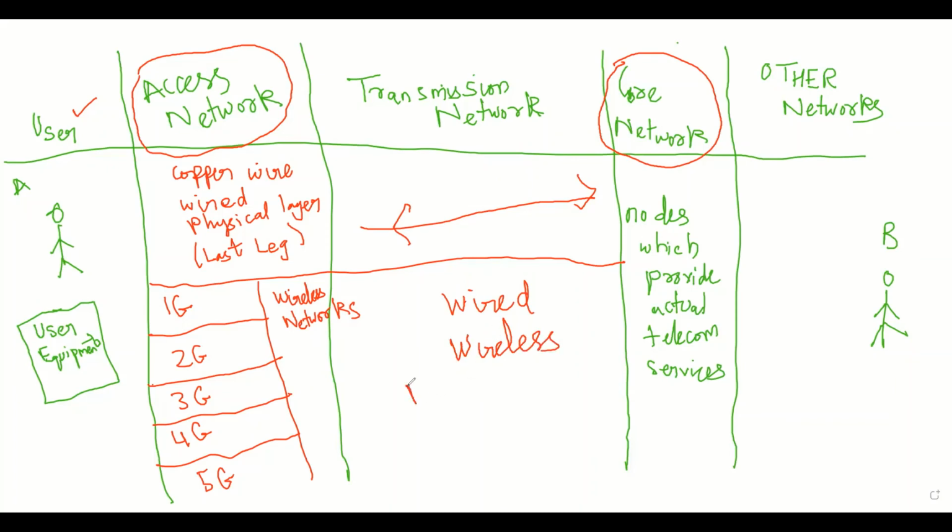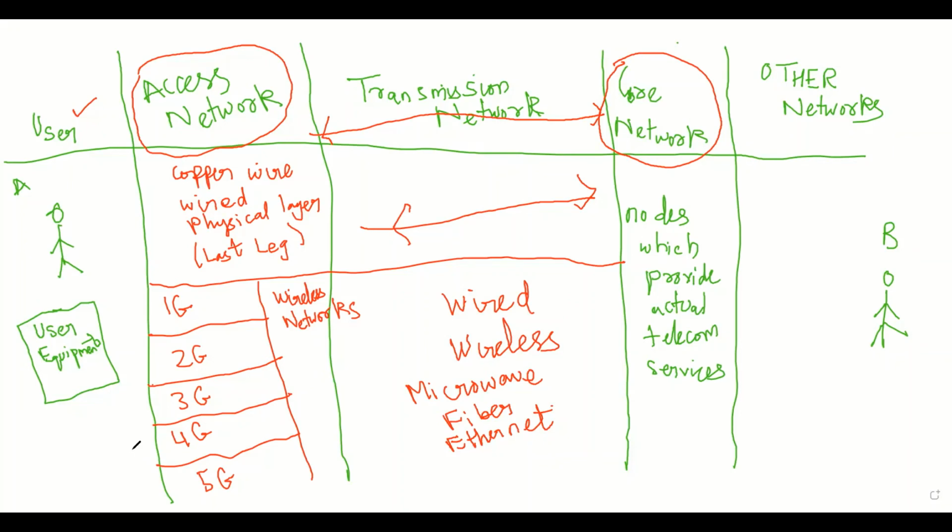So for example, it could be a series of microwaves, it could be fiber. For the sake of discussion, it could even be Ethernet, right? So the task of a transmission network is to link together the core network with the access network. All right, so this pretty much sums it up.